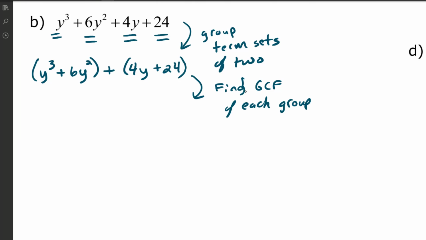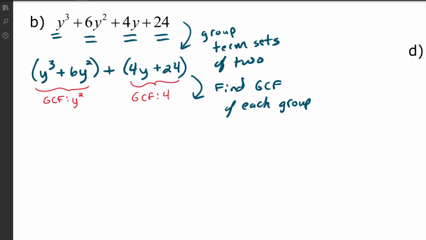Definitely something you'll want to practice. The GCF of the first 2 terms will be y to the second. The GCF of 4y and 24 is just 4, because 4 goes into 4y and 4 goes into 24.